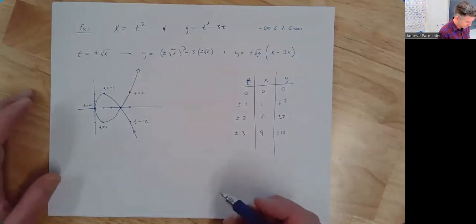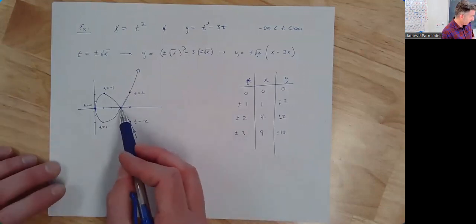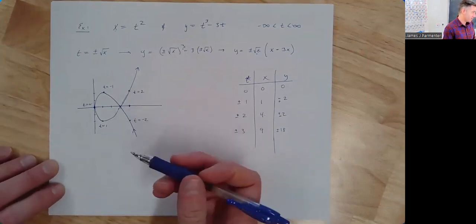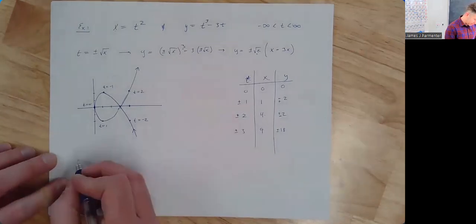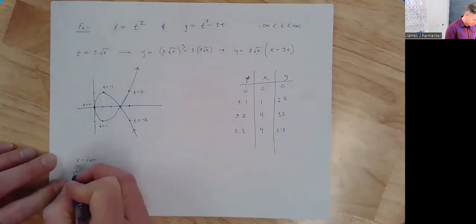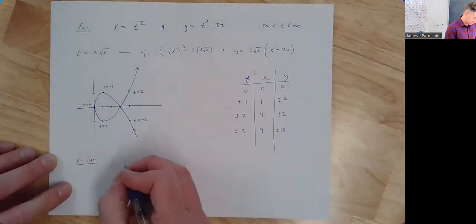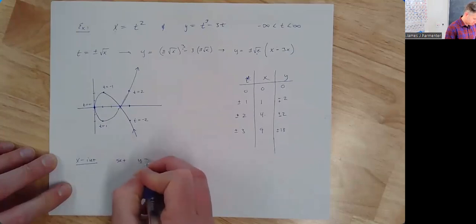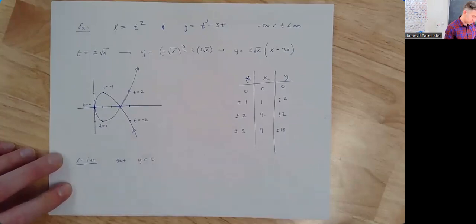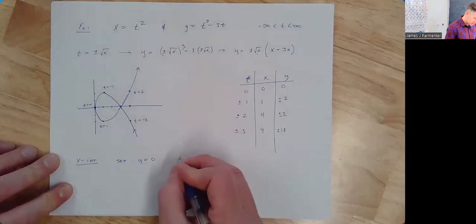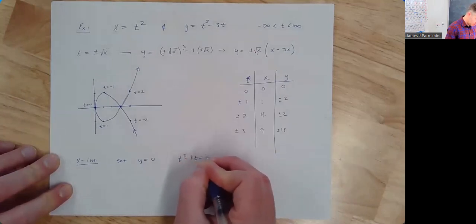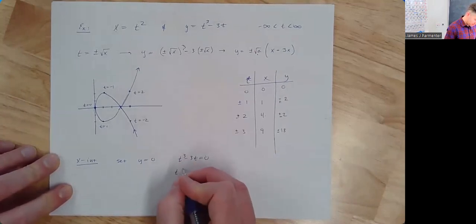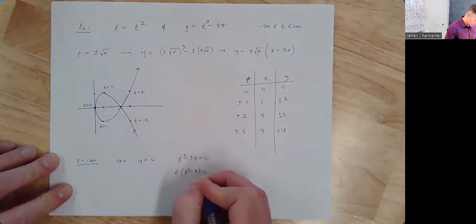Yeah, and just to point out, the way I found the x-intercept there in my head, without showing you the work, was I said, how do we usually find x-intercepts? When y is equal to 0. So if t cubed minus 3t equals 0, I get t times t squared minus 3 equals 0.